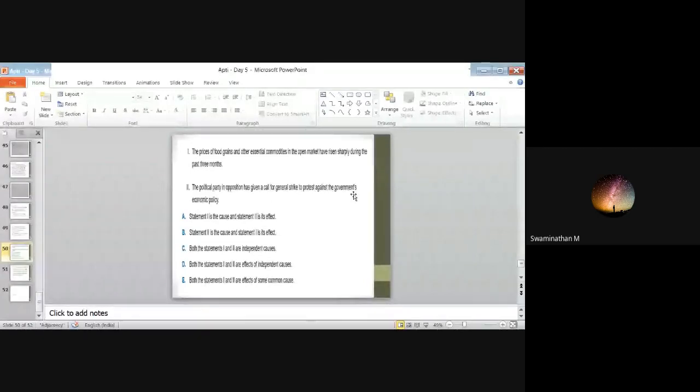So, which is the cause, which is the effect? Statement one is the cause, two is the effect; two is the cause, one is the effect; both are independent causes. Which one? Okay, A. Statement one is the cause, two is its effect. Okay? Yes.